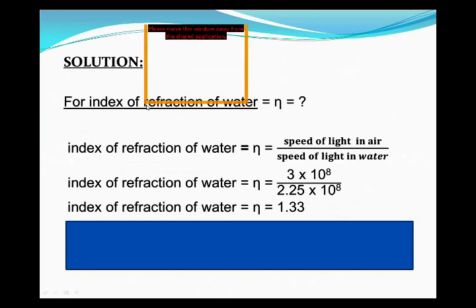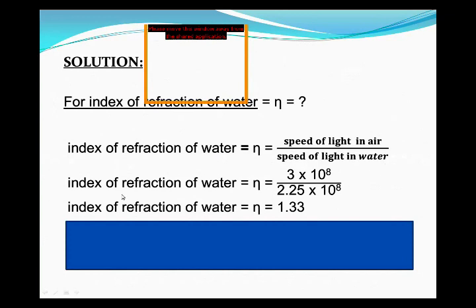Now, in solution, first we will write the index of refraction of water, that is equal to N, the question mark. Here we will use the same formula which we have learned in the beginning of this lecture. So index of refraction of water N is equal to speed of light in air divided by speed of light in water.